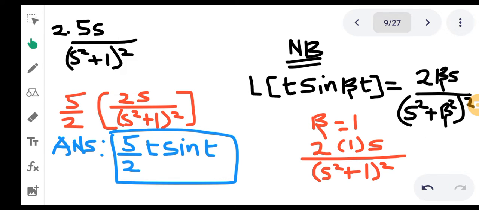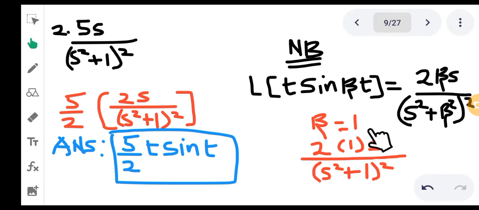So we know that here the beta squared is 1 squared, so it means my beta is what? 1. When you make the substitution, you're going to get 2 times 1 multiplying s over s squared plus beta squared, which is 1 all squared.